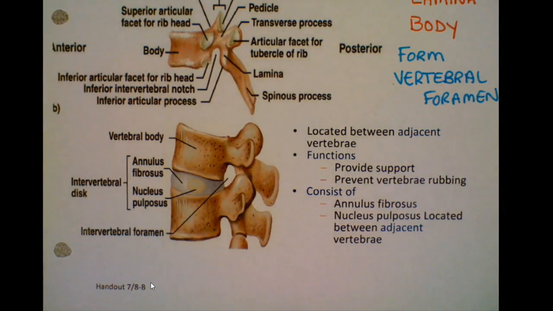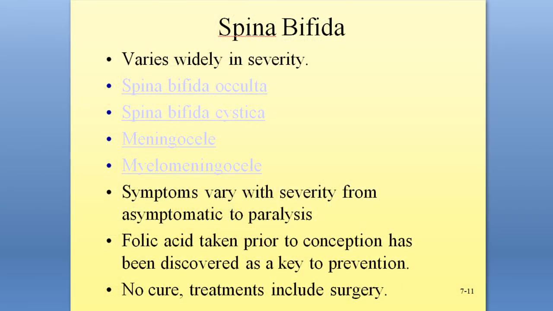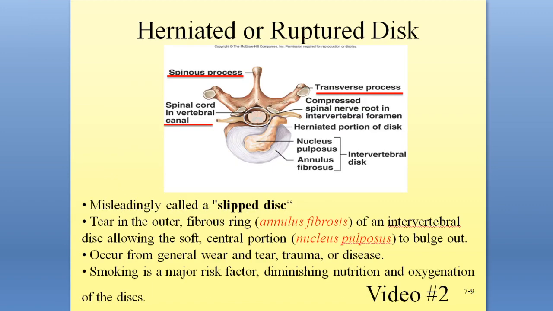Now, what can happen to the intervertebral discs is something known as a herniated disc. So if we go back up one slide, it talks a little bit about herniated discs.